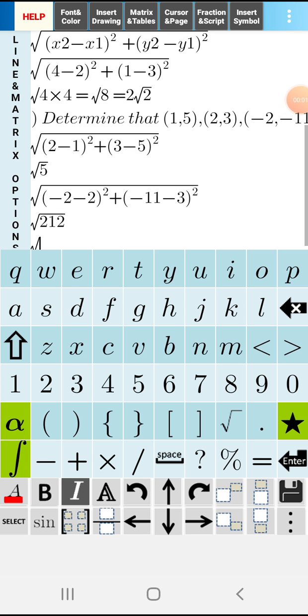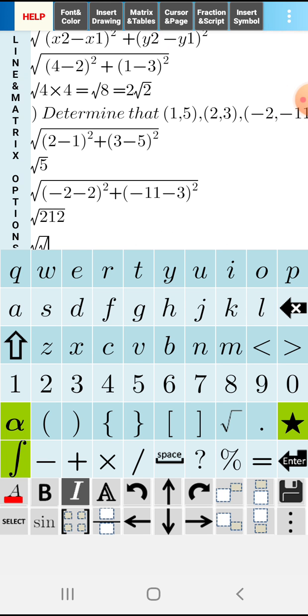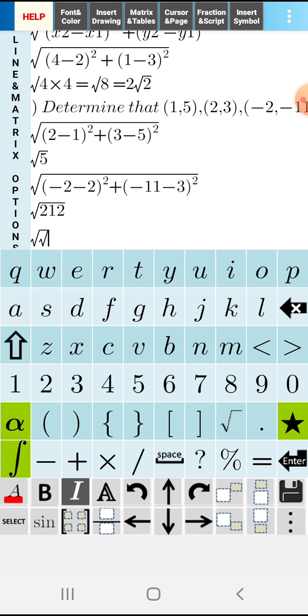Next is (minus 2, minus 11) and (1, 5) we have to take. I am not putting the numbers like a, b, c, x1, y1, x2, y2, so you have to understand that.